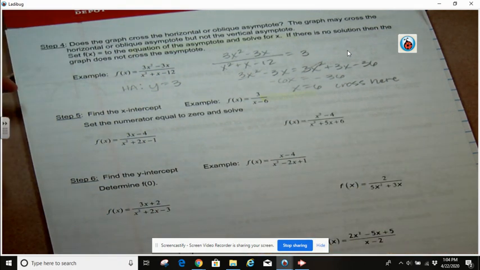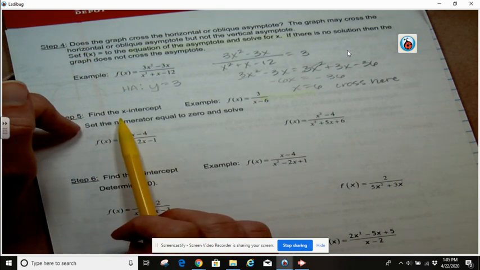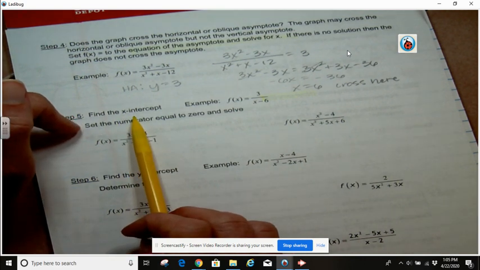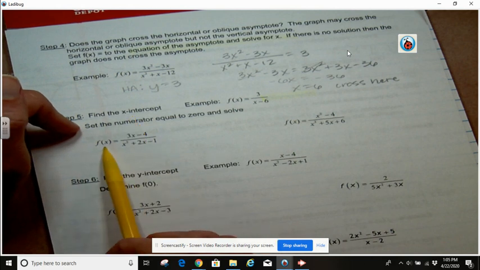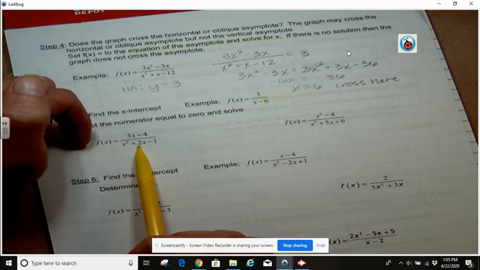Last 2 steps are x-intercept and y-intercept. Usually for every function, the x-intercept requires a little more work than the y-intercept. The x-intercept is a point on the x-axis, which means your y value is 0. So anytime you're trying to find the x-intercept, you replace y with 0. But for rational functions, because we have fractions, our next step would be to multiply both sides by the denominator.